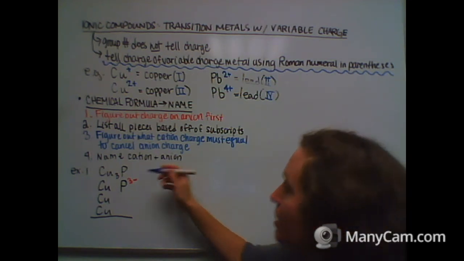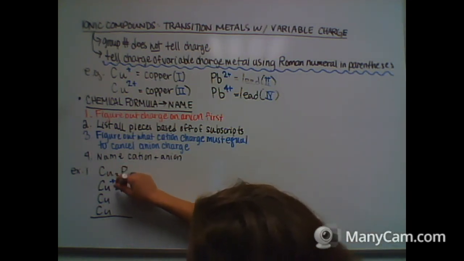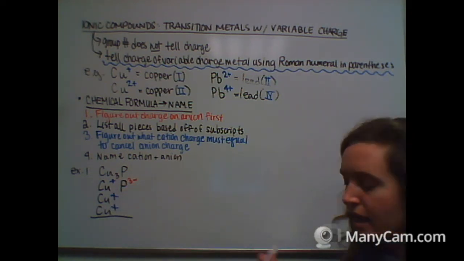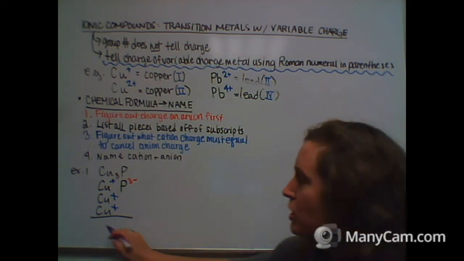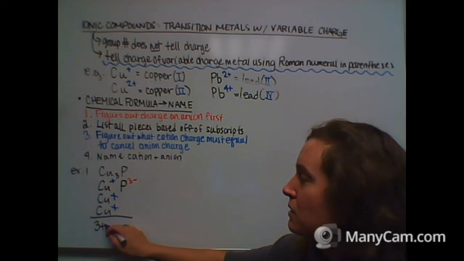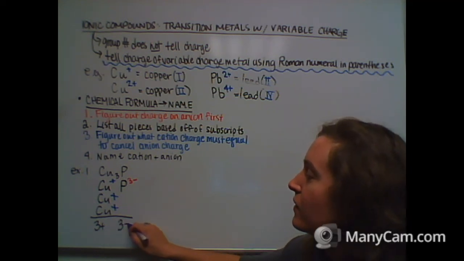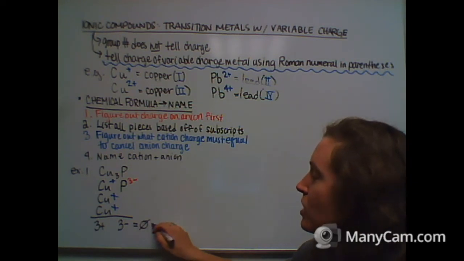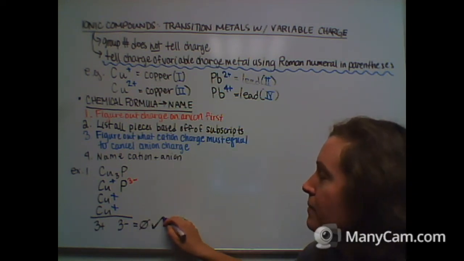Each must have a 1+ charge. All right. Now, to make sure, the total positive cation charge cancels out the total negative anion charge. And that's that 0 net charge again, right?